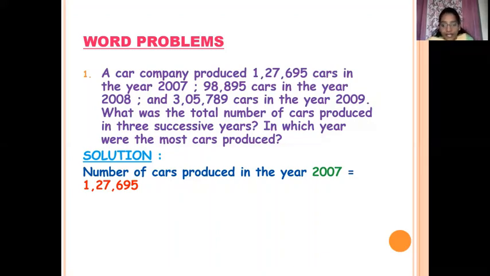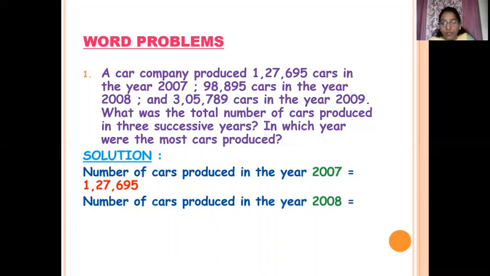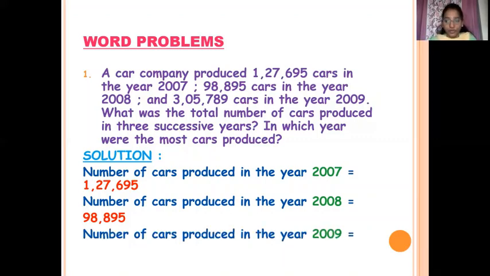Then next, number of cars produced in the year 2008 were 98,895. Similarly, number of cars produced in the year 2009 were 3,05,789.